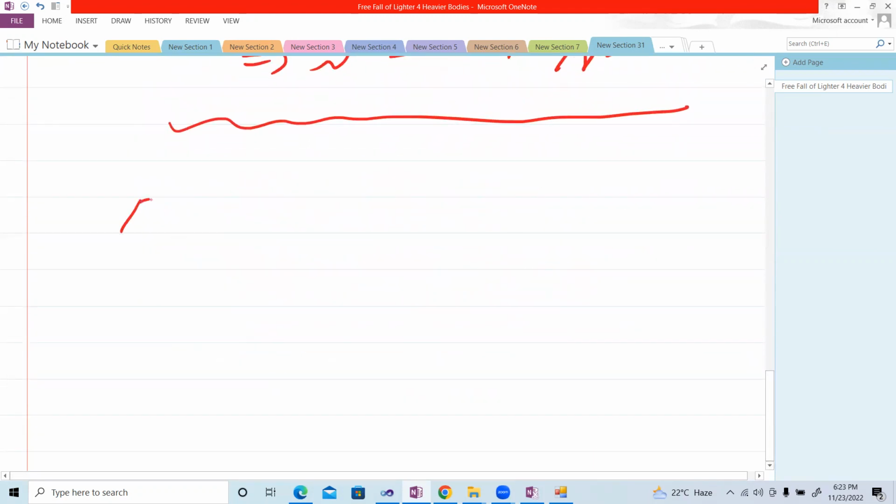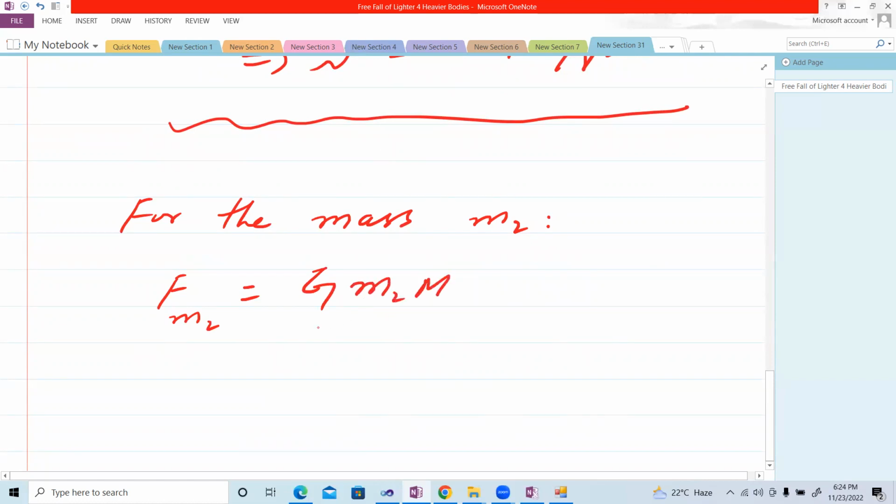In the same way, we will capture the force on the mass m2 to be equal to capital G m2 into the mass of Earth over the distance between their centers, right?